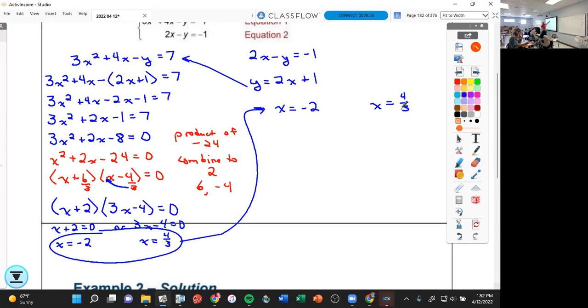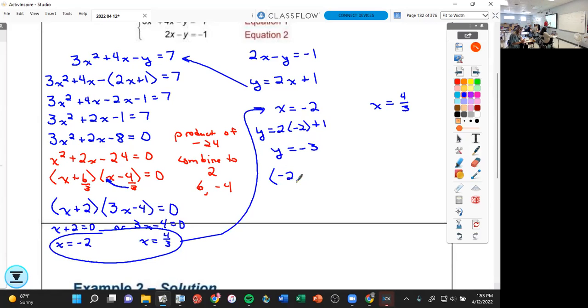And I'm plugging them into this equation. So y equals 2 times -2 plus 1. 2 times -2 plus 1 is -3. Y equals -3. So this solution occurs at -2, -3. Now I need to use the other x value.